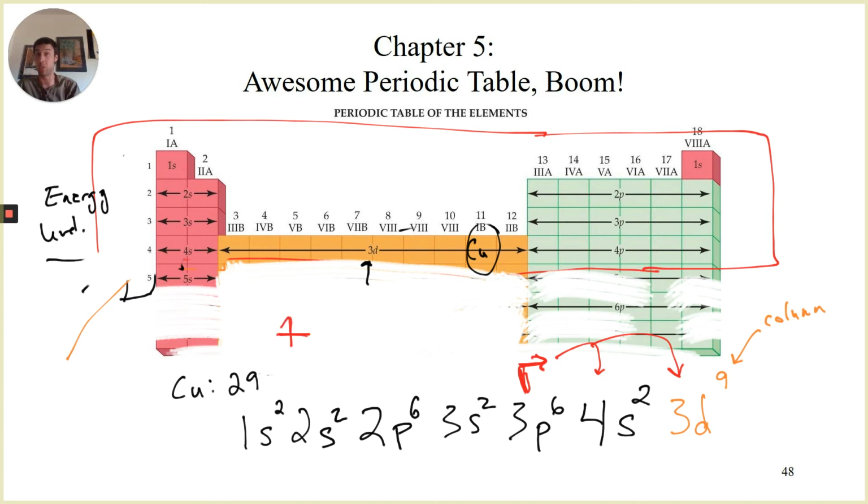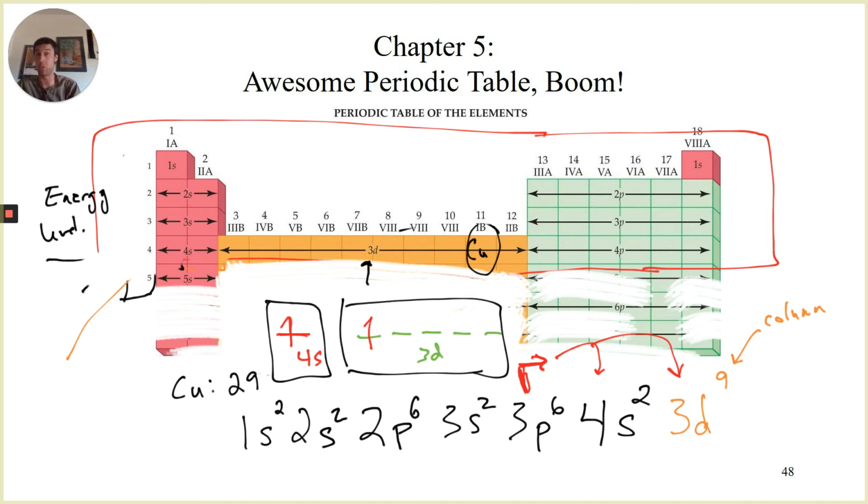If we went to the 3d, well, the d has 5 orientations. If I put 1 electron in there, I'd have that system. Okay? And this may seem a little bit odd, but if we compare these two cases, case 1 ends up being prettier.